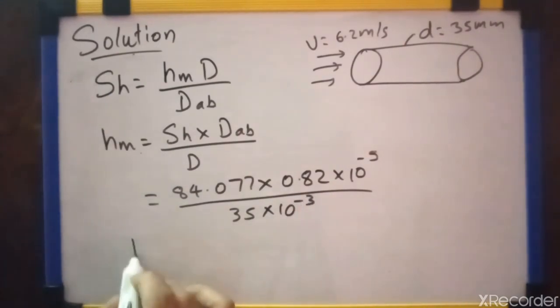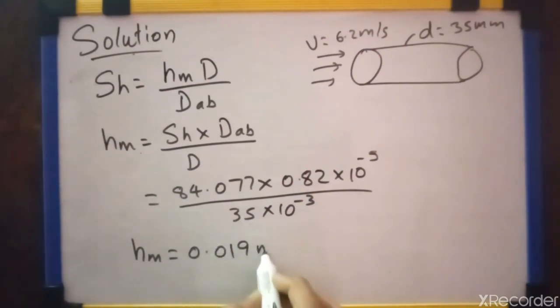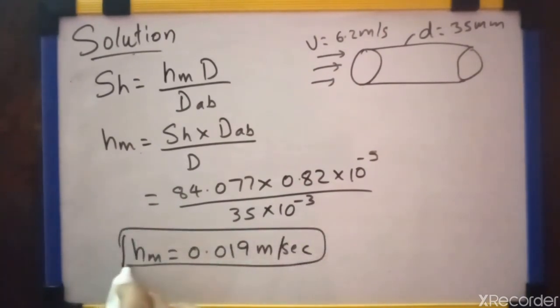We get hm is equal to 0.019 meter per second. That is the value of mass transfer coefficient, hm is equal to 0.019 meter per second.